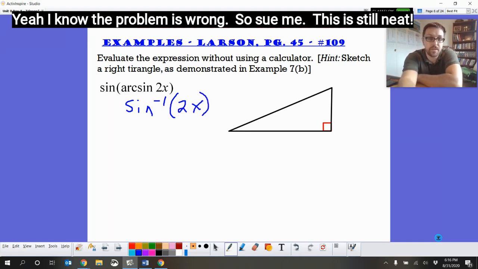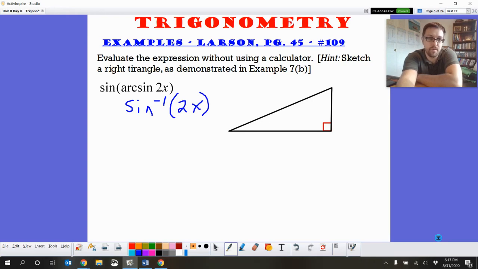Inverse sine of 2x, so that's telling us the inverse sine of whatever that is. That's just going to be some angle. I'm going to pick this one just because I'm drawing the triangle, so I can put it wherever I want. So arc sine of 2x, so this is 2x, because sine is opposite over hypotenuse. And then we're just going to do the sine of that.